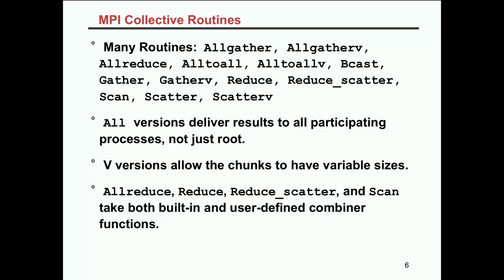Thank you. So there are variants of these collectives. And one set of variants that are particularly useful are the ones that end with V. For all the ones we've seen, scatter, gather, the data size is the same. What does that mean?